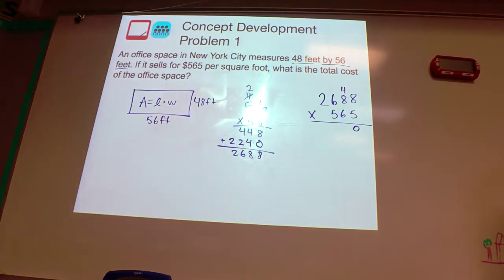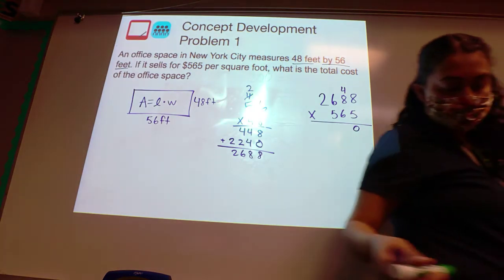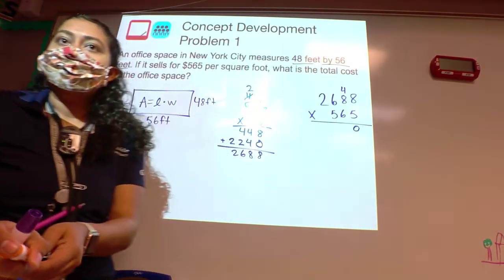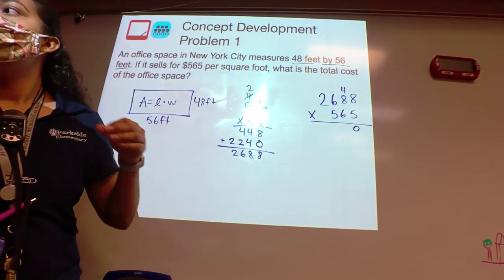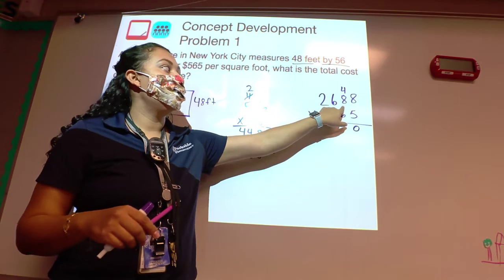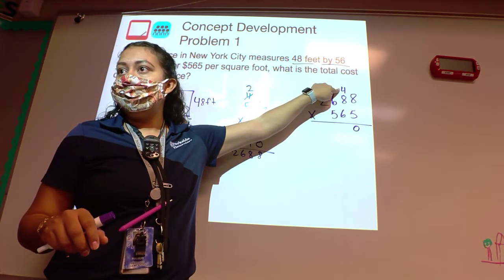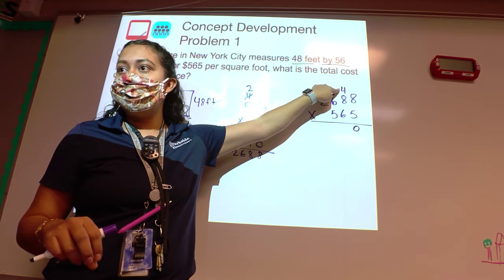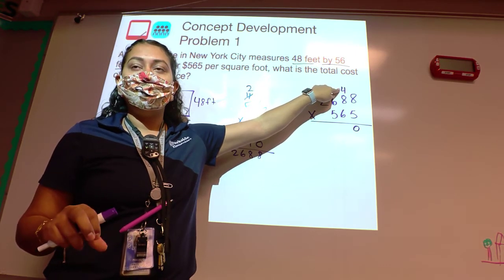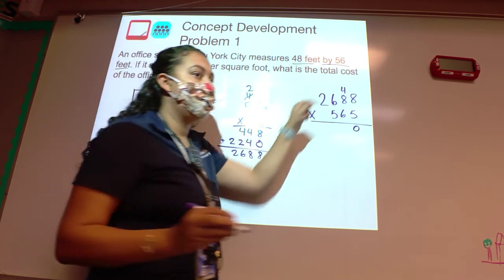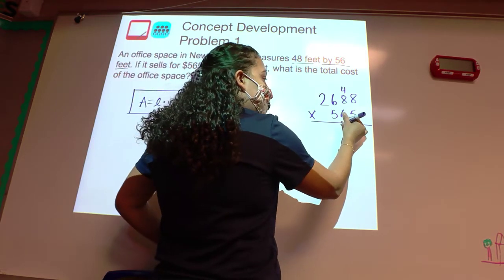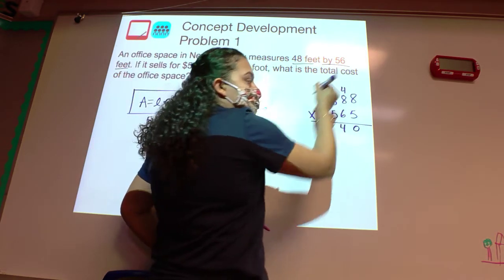Okay, now we have 5 times 8 again, which is 40. 40 plus 4 is 44. So 4 here, carry the 4.